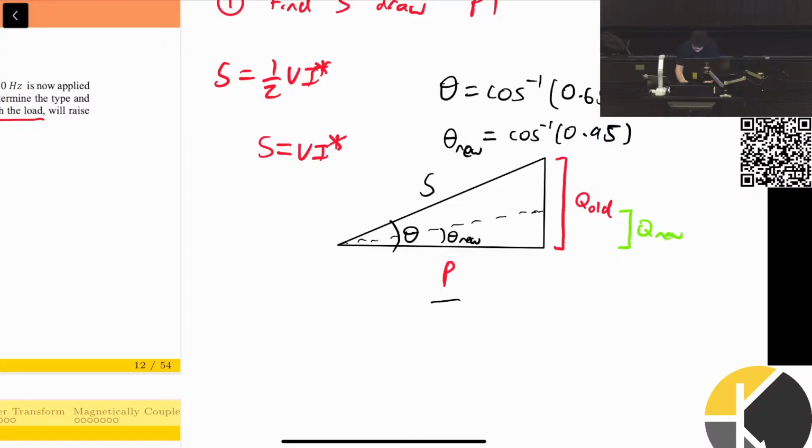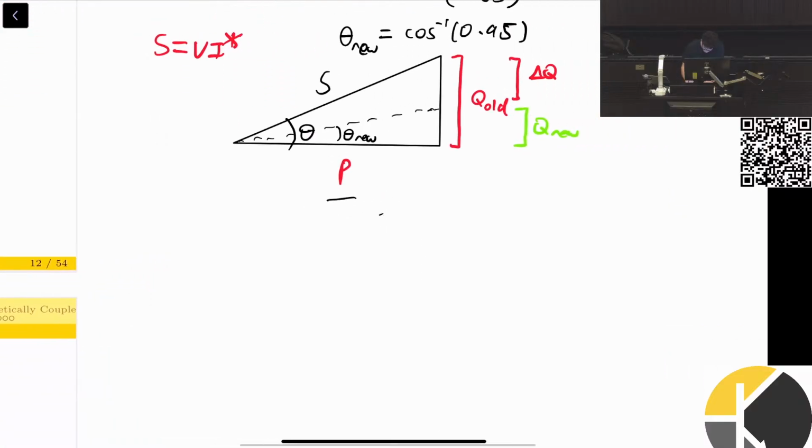To figure out what component we need to change the power factor, we need some delta Q. So Q new equals Q old plus delta Q. Now that makes sense, you can just see it adds up. What we're going to figure out is that delta Q.